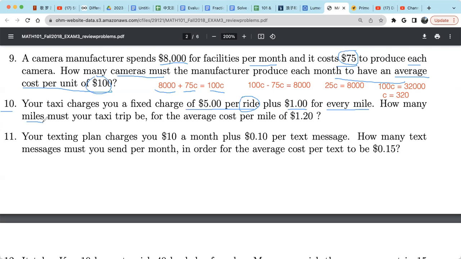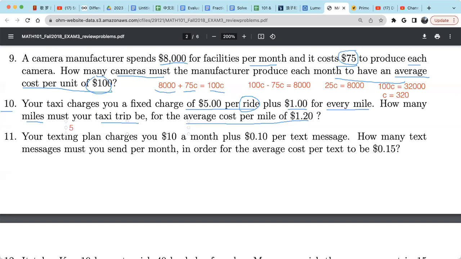It asks for how many miles must your taxi trip be. It's talking about one ride, just one trip, for the average cost per mile to be 1.2. Similar to 9.